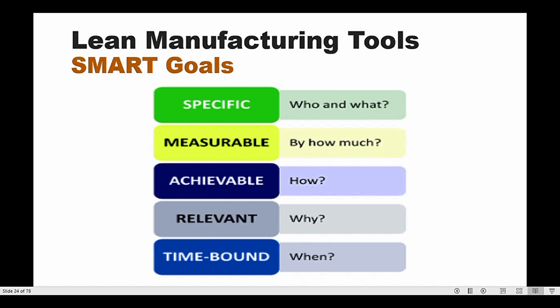Here is a picture that would clear your concept about SMART goals. As I have discussed, SMART, S for specific, means who and what we have to achieve. M for measurable, by how much we have to achieve, what will be the target, and A for achievable, how much target or quantity.